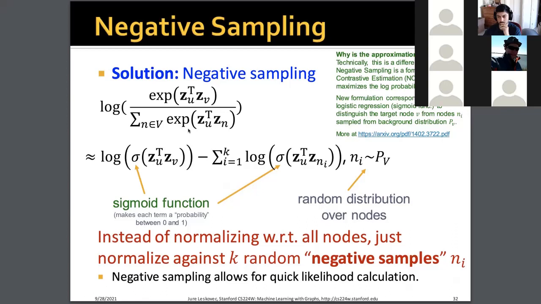And instead we're changing it to say, no, if I have 20 neighbors and let's say K is 30, I'm going to turn this into 50 binary classification problems where for my 20 neighbors, I say the target is 1, and for my 30 negative samples that I randomly pick, I'm going to say the target is 0. And that's why it introduces sigma here, whereas before we never had a sigma.